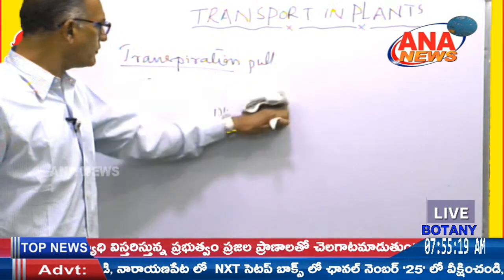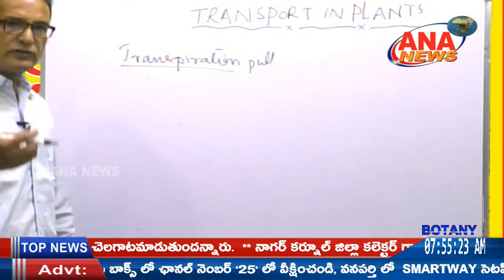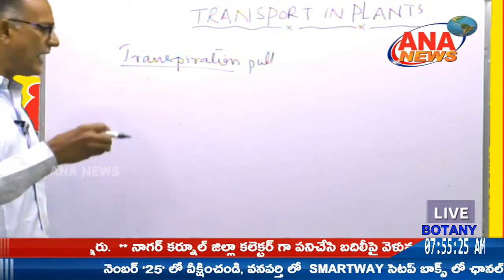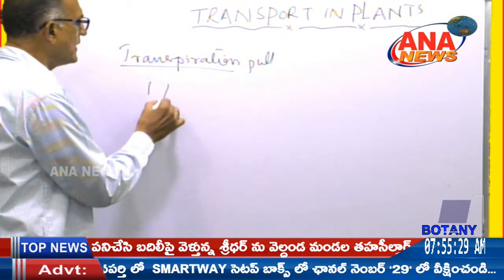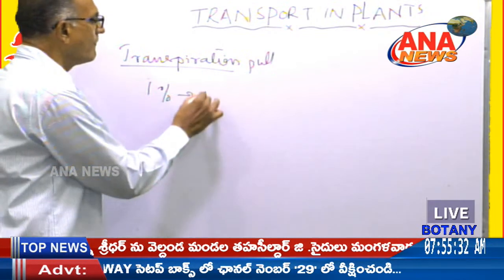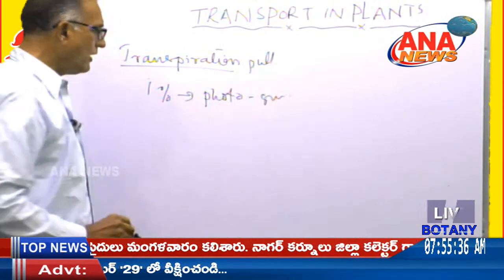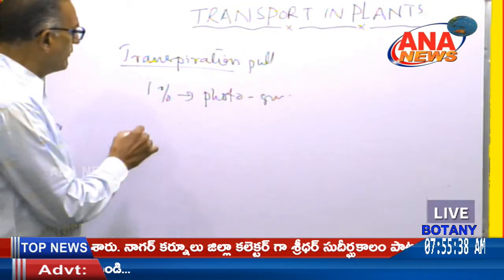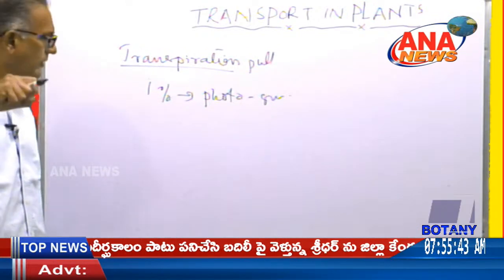The plants utilize only 1% of the water they absorb for photosynthesis and growth. The remaining water is lost into the atmosphere through the stomata.